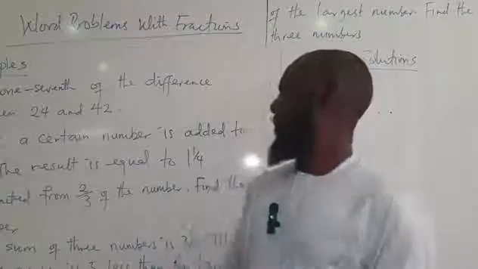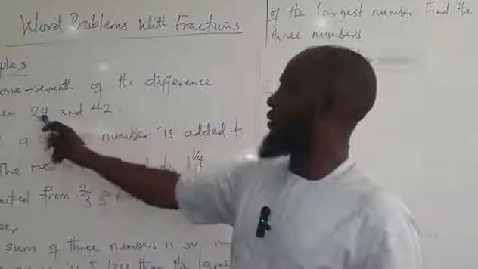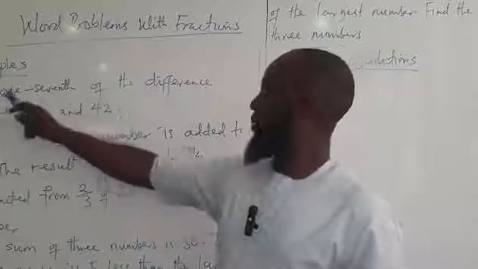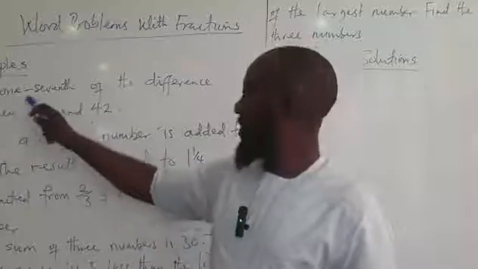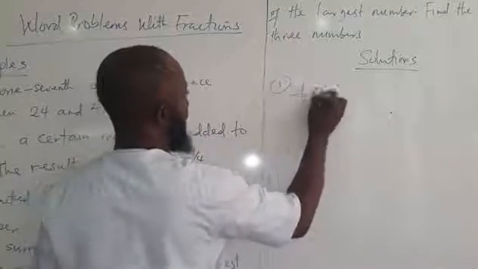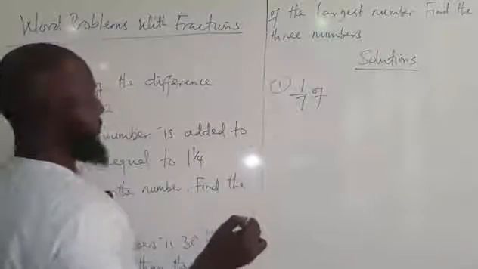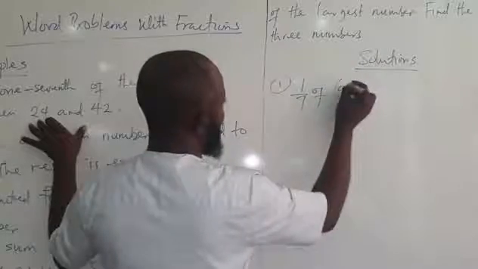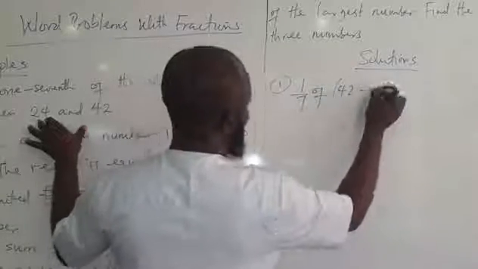Is that clear? So in that case, you're going to find the positive difference between this and this and multiply by 1/7, because it is 1/7 of the difference, that is 42 minus 24.